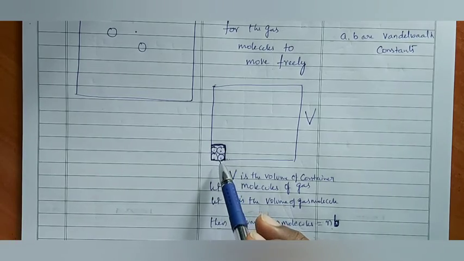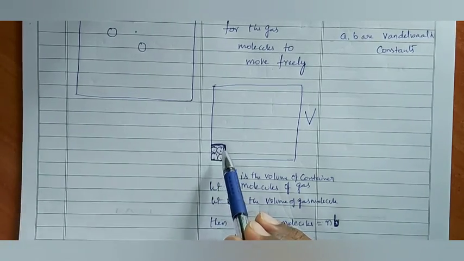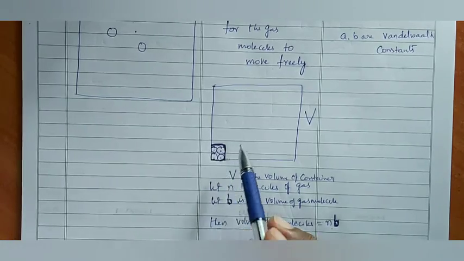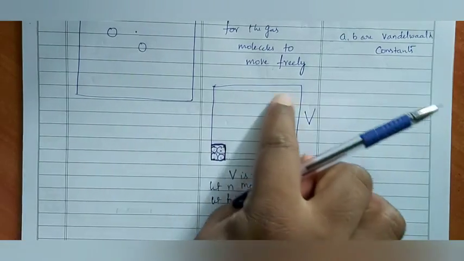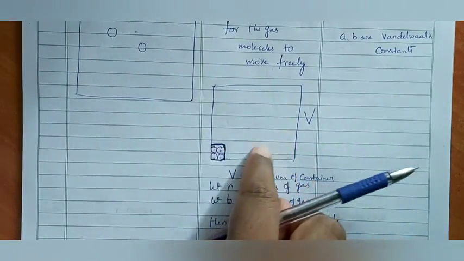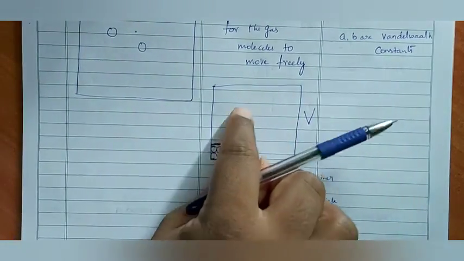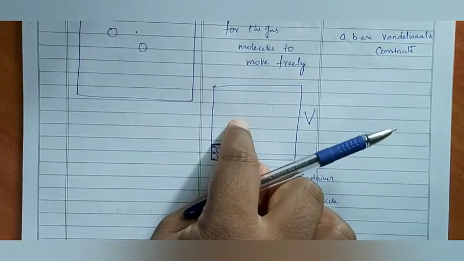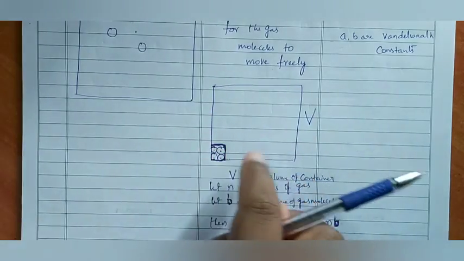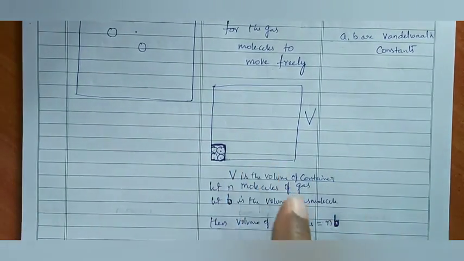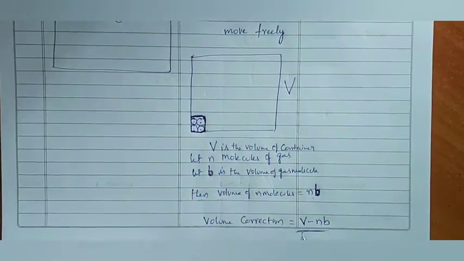This is the volume of 4 molecules. Like that, if n molecules are there, those n molecules' volume must be subtracted from the total volume of the container. This is the only free available space for them to move freely. That's why we subtract the n molecules' volume from the total volume to get the volume correction, that is V minus nb.